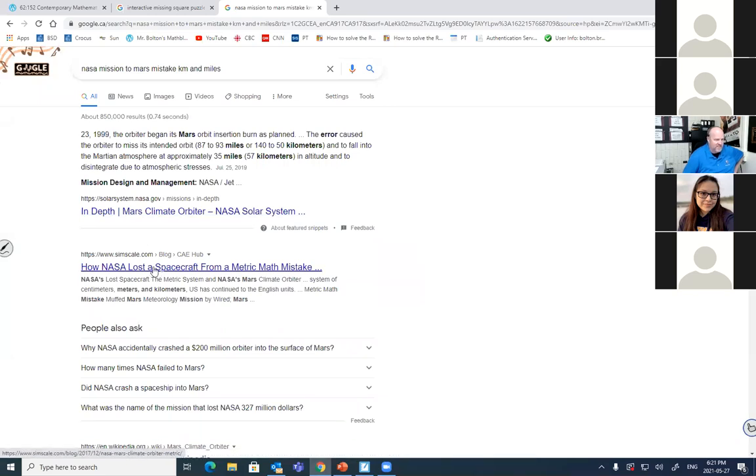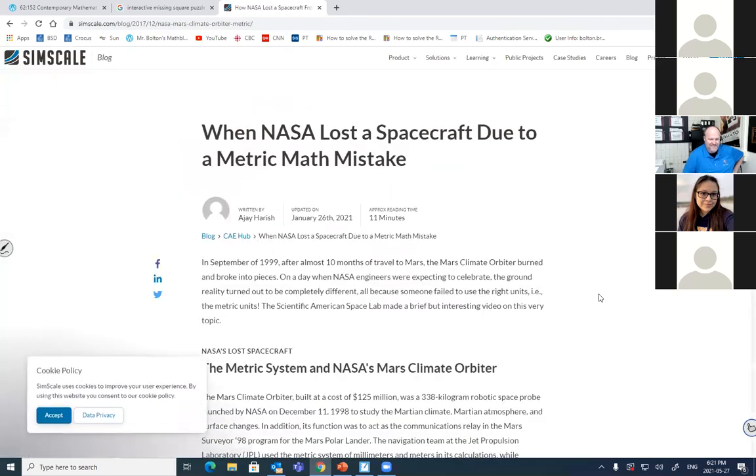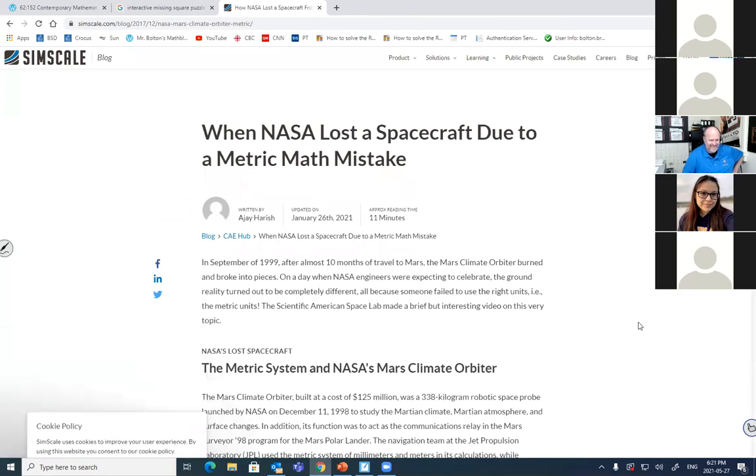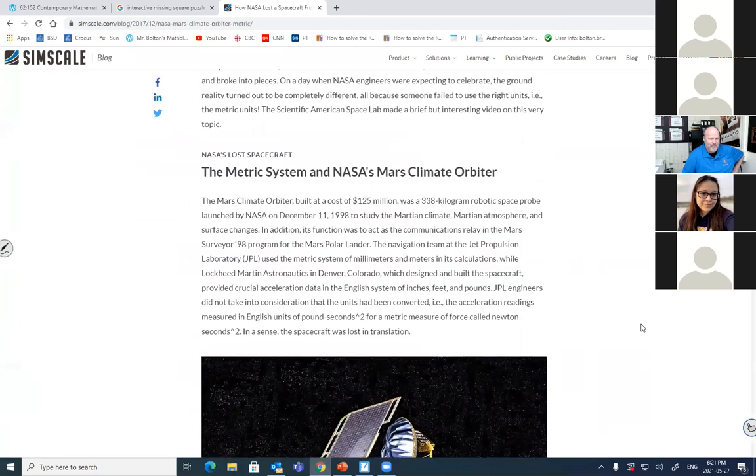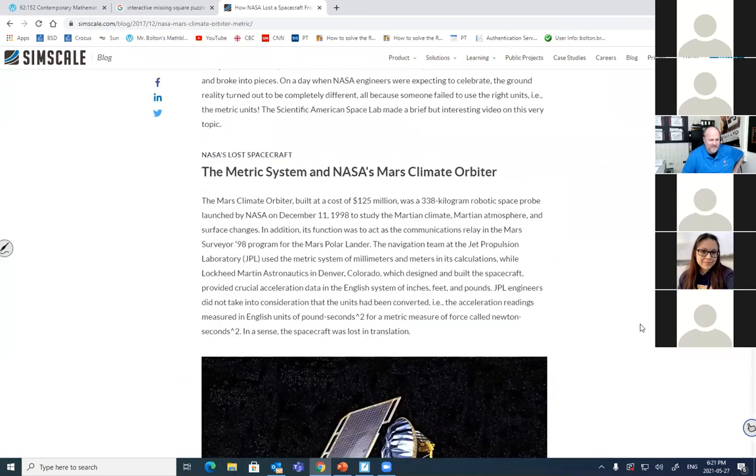How NASA lost a spacecraft from a metric math mistake. Yeah, a highly held organization would not want to talk about this, definitely. So it was back in, when was it, 99? Oh, yeah. Please share the link, please. So what did it cost? 125 million.